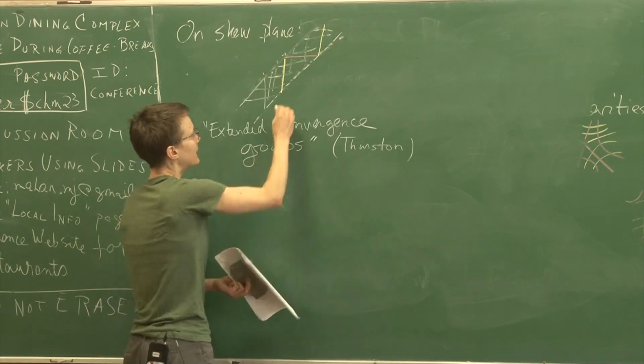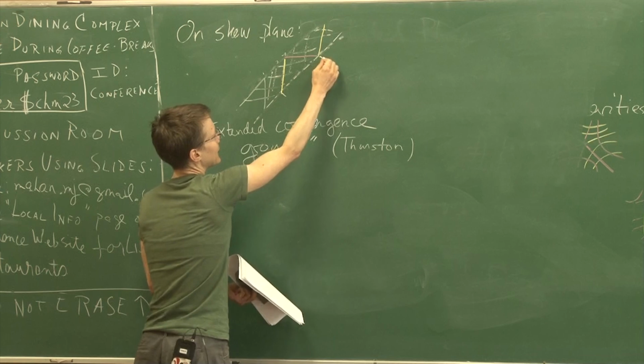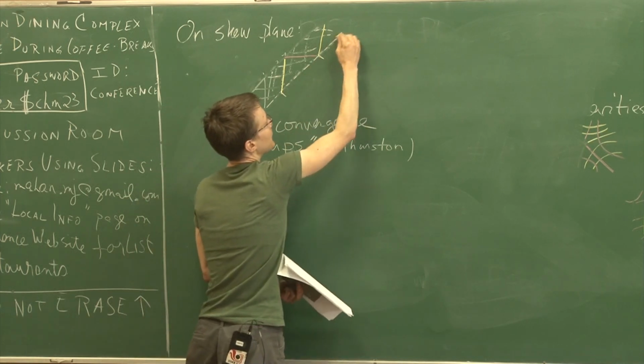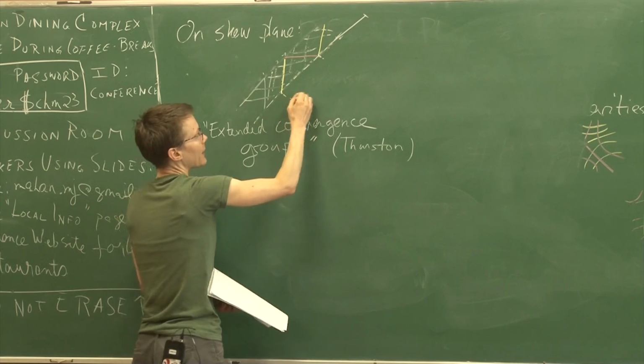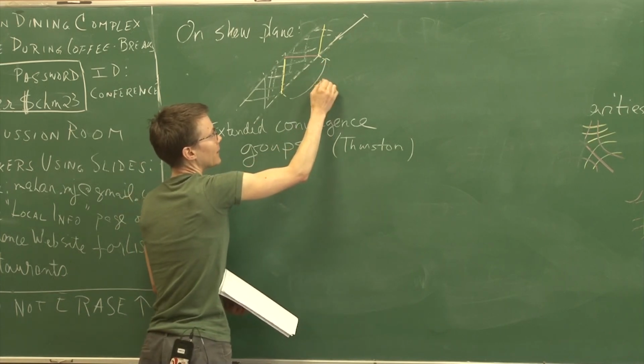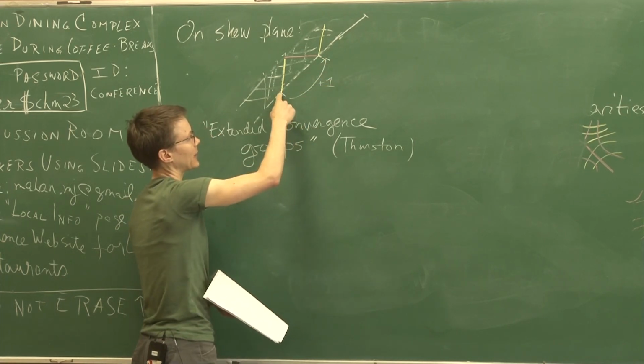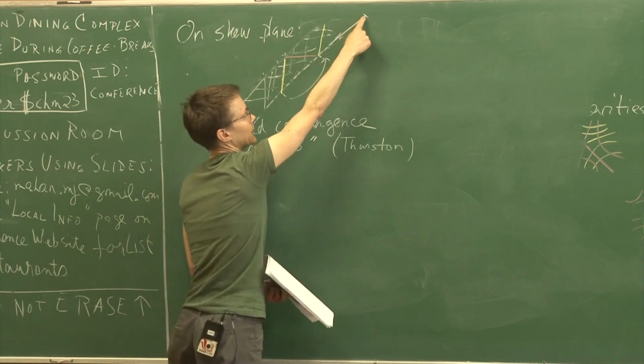Which lets me define maybe a parametrization of this line at infinity, where I think of this as being a unit length. So that's the origin, this is 1, that's 2, that's 3.